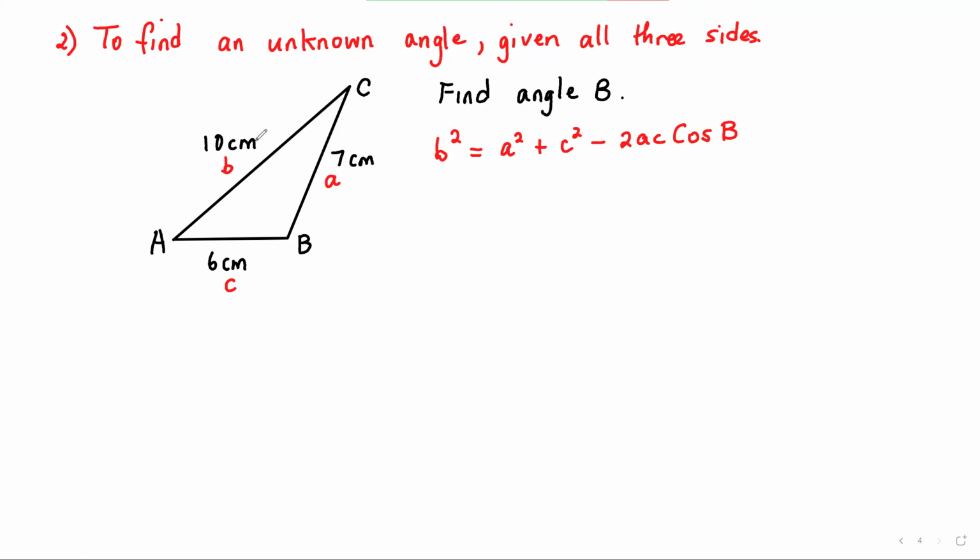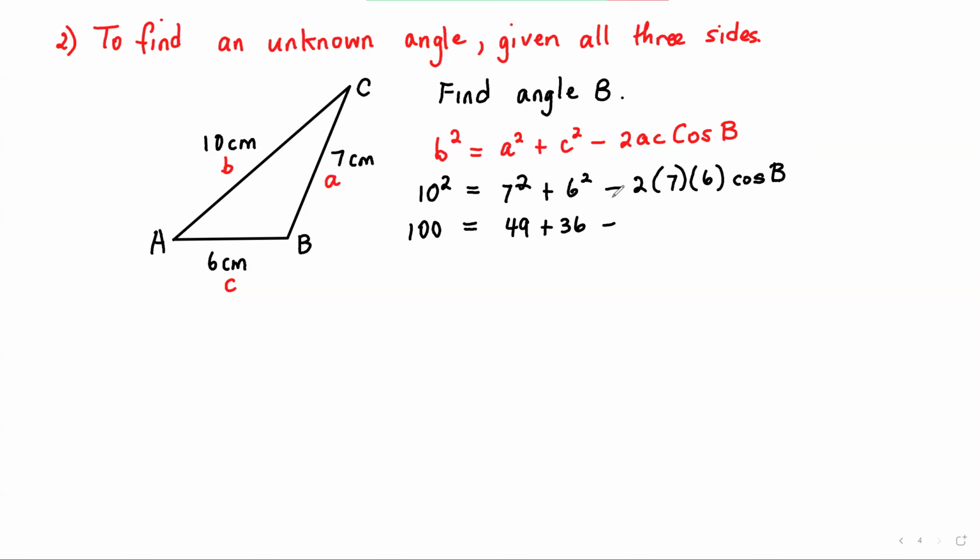So this will be 10 squared is equal to A squared, which is 7 squared, plus C squared, which is 6 squared, minus 2 times A, that's 7, by C, that's 6, by the cos of angle B, which is what I'm trying to find. Simplifying this, this would be 100 is equal to 49 plus 36 minus 2 times 7 times 6, that's 84, by cos of B.